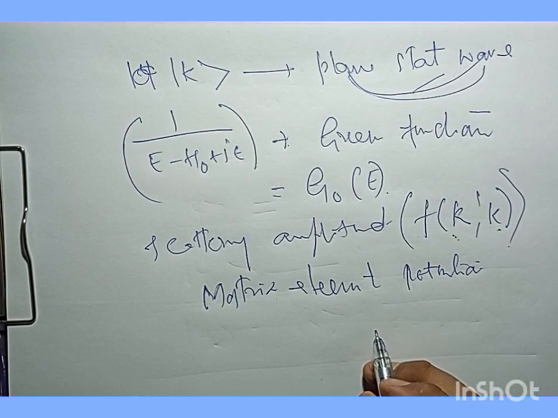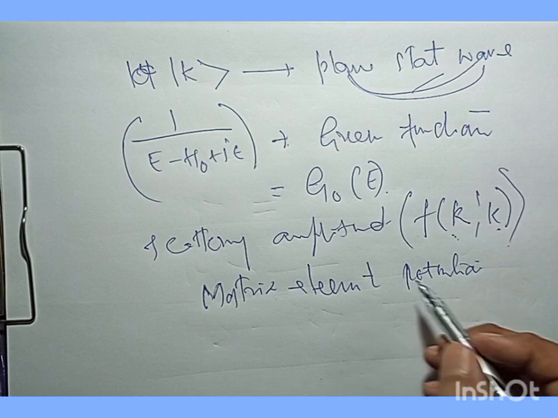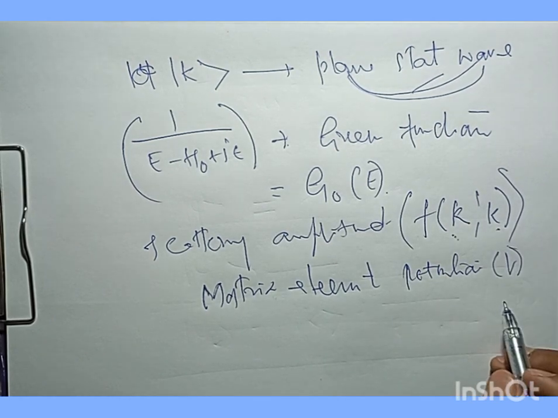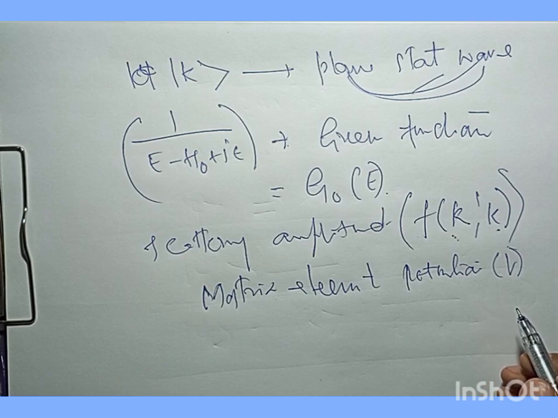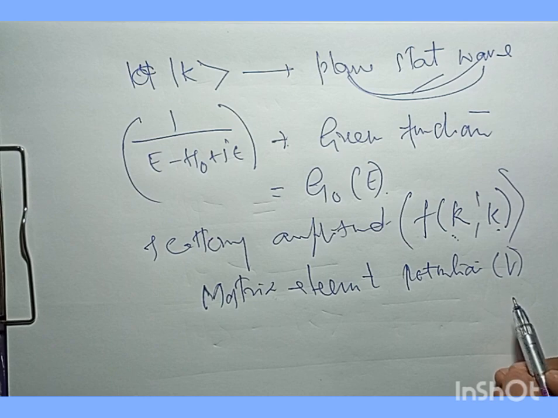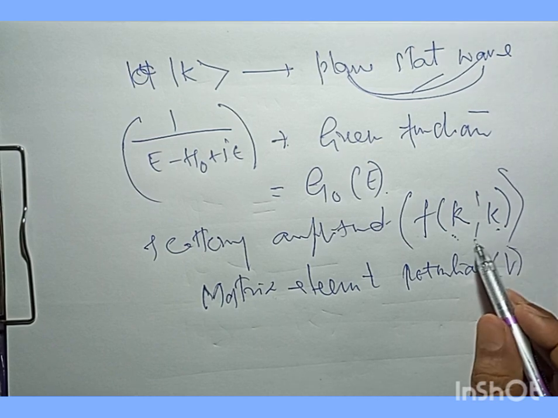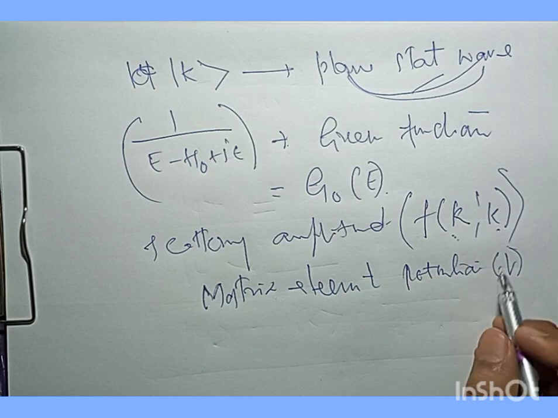Suppose that potential is V, but what will be the structure of that matrix element? The structure of that matrix element will be between the free plane wave state and the scattered state.